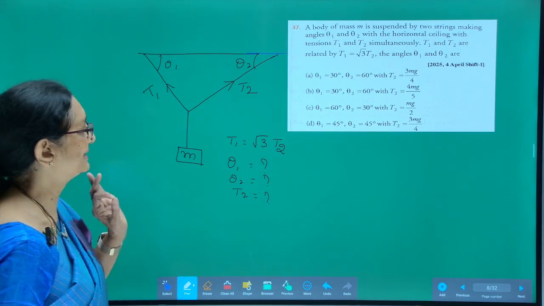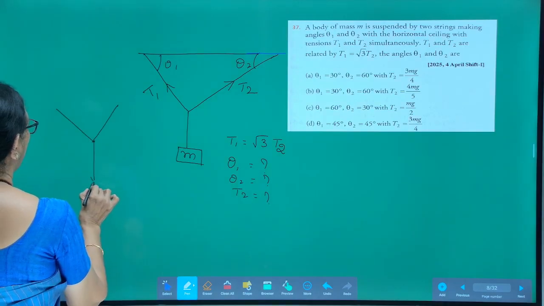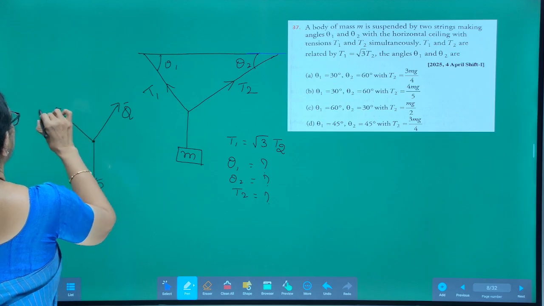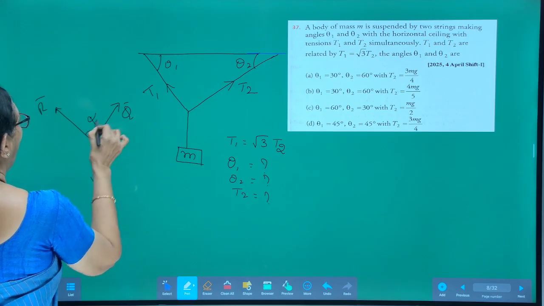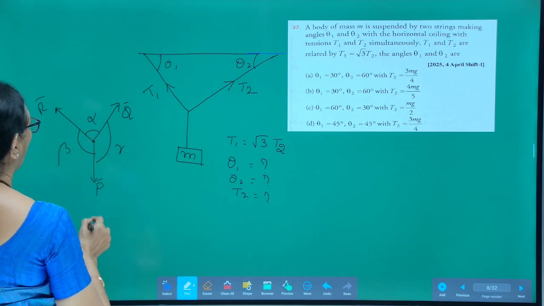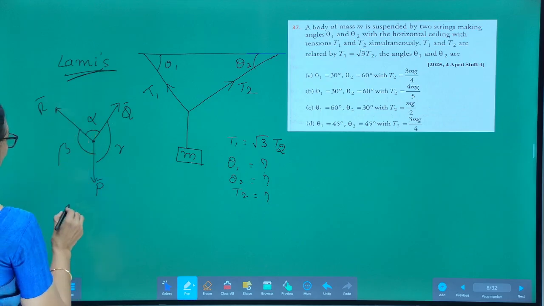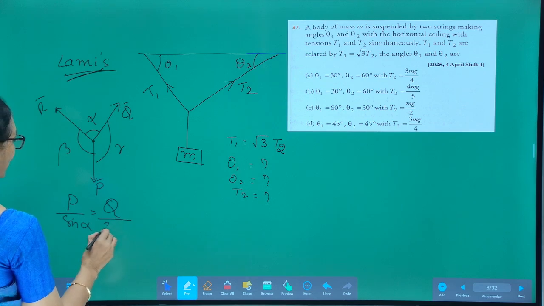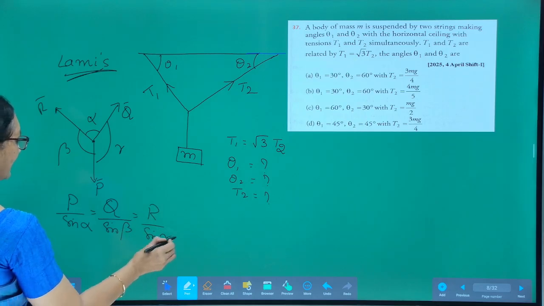Here, let us apply Lami's theorem. Let this be P, let this be the force Q bar, this is P, this is R. Angle opposite to P is alpha, angle opposite to Q is beta, angle opposite to R is gamma. Then Lami's theorem states that P by sin alpha is equal to Q by sin of its opposite angle, is equal to R by sin gamma.